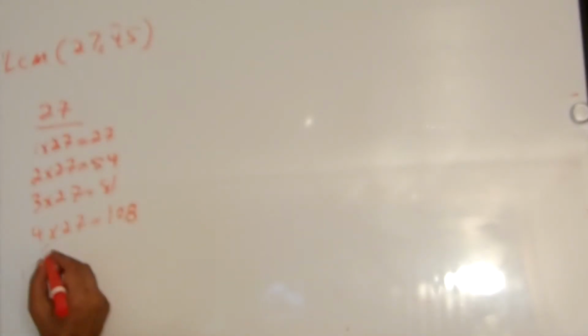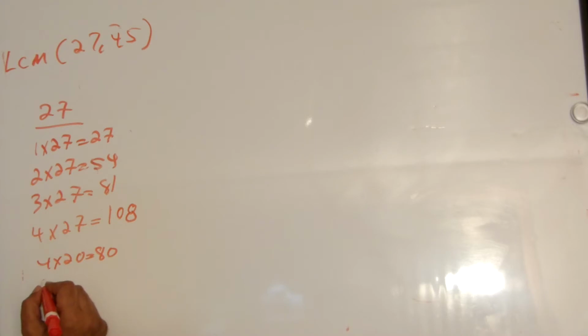We write here 27, and we write all the multiples of this. 1 times 27 is going to be 27. 2 times 27 is going to be 54. 3 times 27 is going to be 81. 4 times 27 is going to be 108, because 4 times 20 is 80, and 4 times 7 is 28, so it's going to be 108.